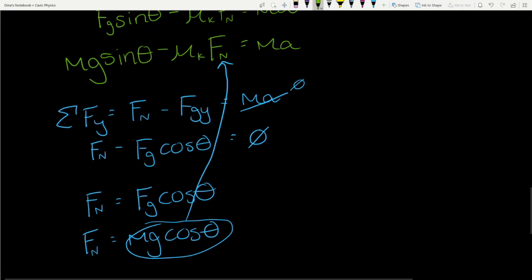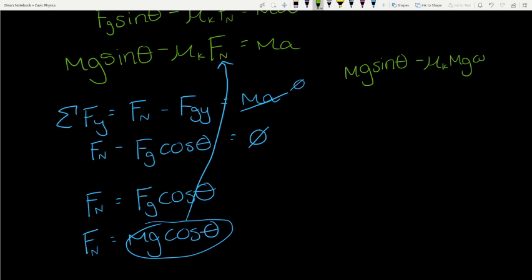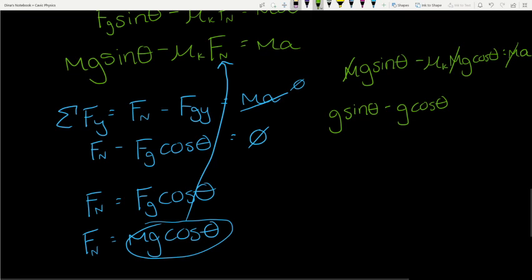So let's see what we can do here. mg sine theta minus mu k, and we're going to substitute mg cosine theta, equals ma. What can we do to solve this for a? Well, every term has m, so m cancels. So we would get g sine theta minus mu k g cosine theta. Oops, forgot my mu there.